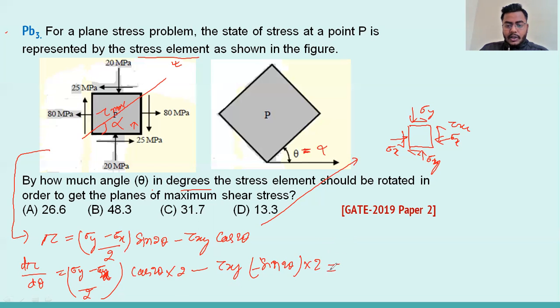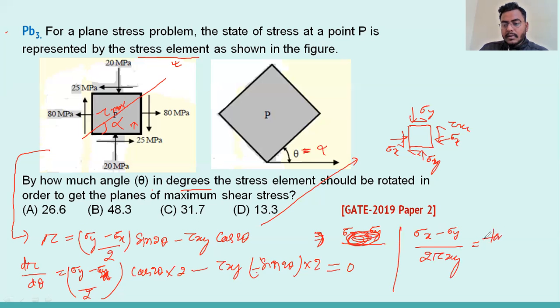Now we can equate it to 0 to get the maximum shear stress and to get theta. So what will be theta? By equating, writing directly, you can get sigma x minus sigma y divided by 2 tau xy is equal to tan 2 theta. This theta we can say is for maximum shear.